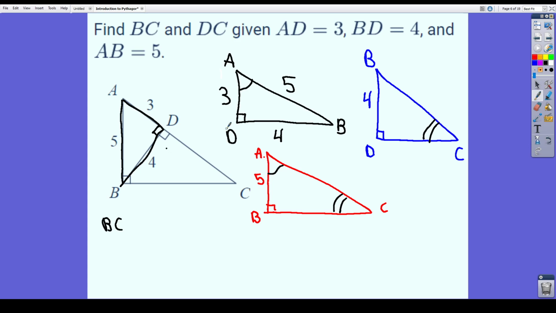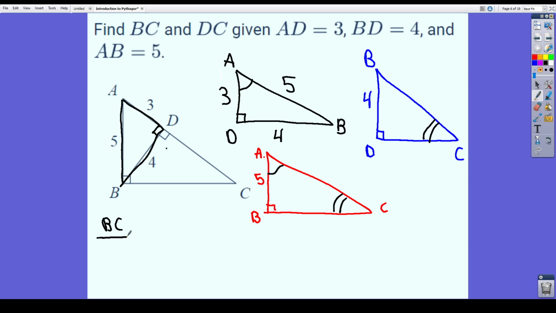And if ADB is similar to ABC and ABC is similar to BDC, then ADB must also be similar to BDC. This is the transitive property. Therefore, I can justify making proportions and ratios based on the side lengths of these triangles. And I know that each ratio should come out equal to another corresponding ratio.